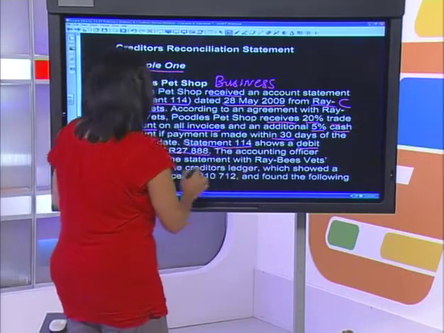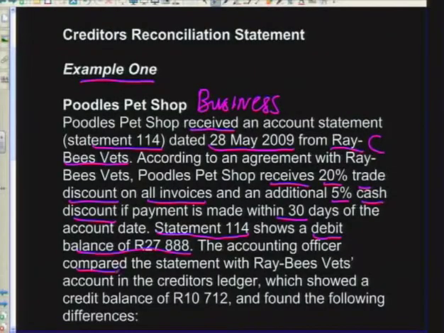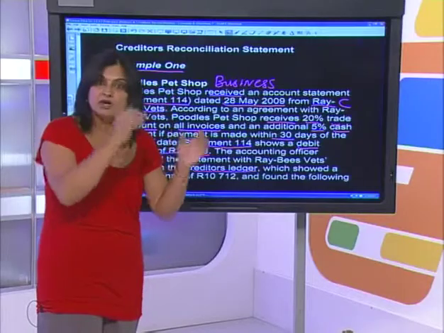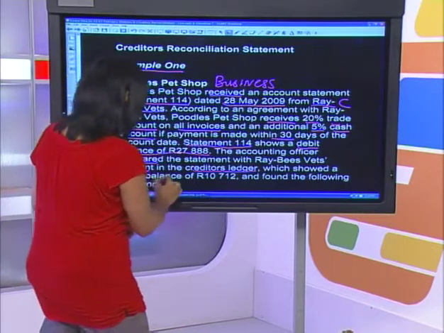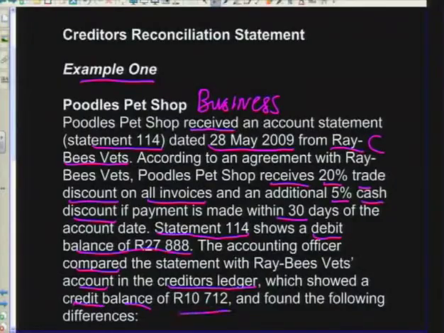The accounting officer compared the statement with Ray B's Vet's account in the creditor's ledger. So the accountant, which is us, we then compared the statement that we received to our records, to the creditor's ledger, which showed a credit balance of 10,712. So there's obviously a discrepancy. The amounts are different. And then found the following differences.